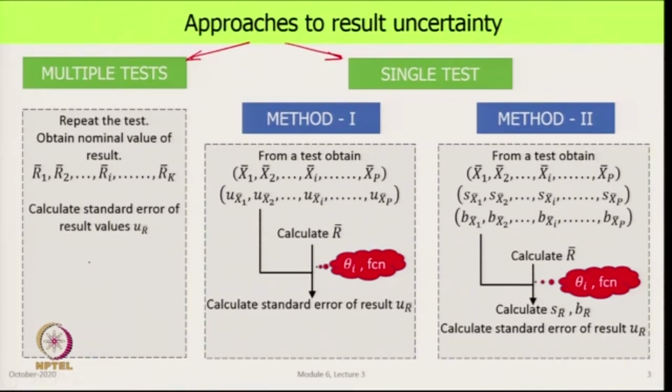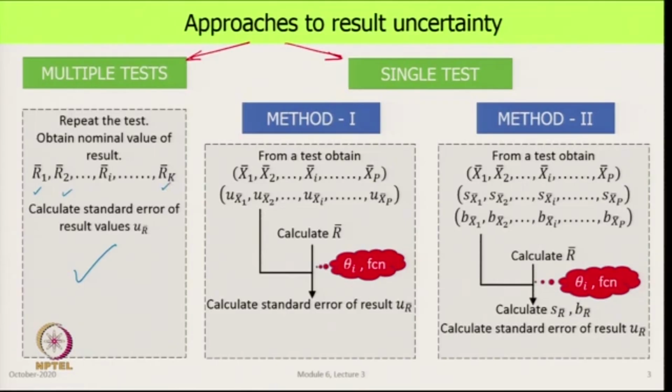Yesterday, we saw in detail how the multiple test technique works, and we saw that all we needed was to make measurements, get the mean value of the measurands, and from that calculate the mean value of the result. Then we do the same thing over and over again to get many values of that result.